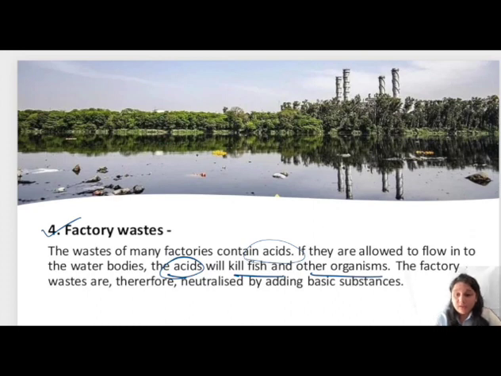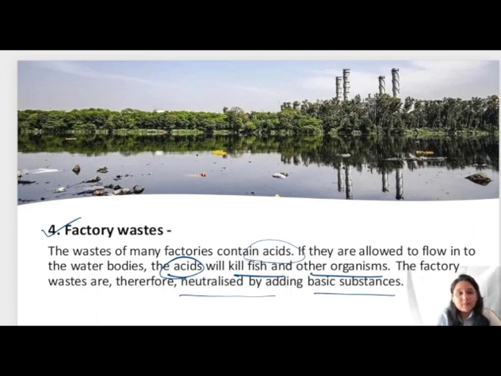So before dumping factory waste in water bodies or on the soil, we neutralize it by adding a basic substance. Once neutralized, it will not harm aquatic animals like fish, and it will not affect the soil either. So the soil will remain good and the plants will grow more, right?